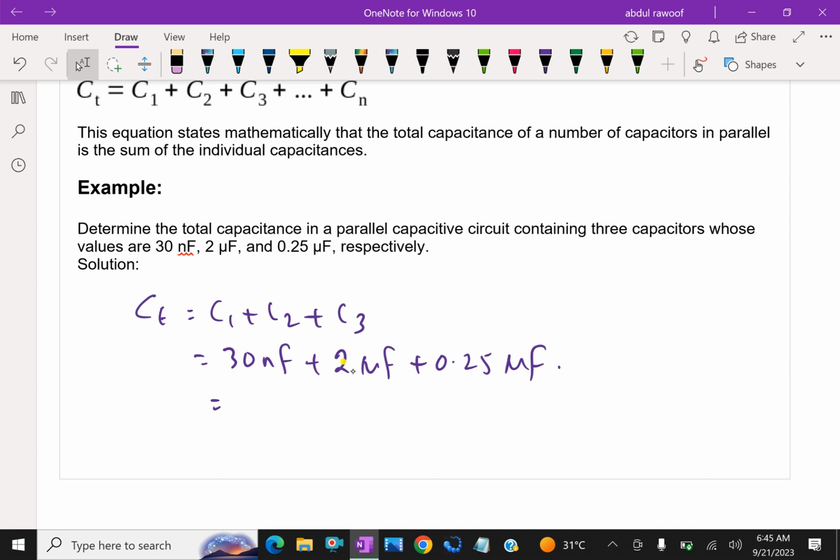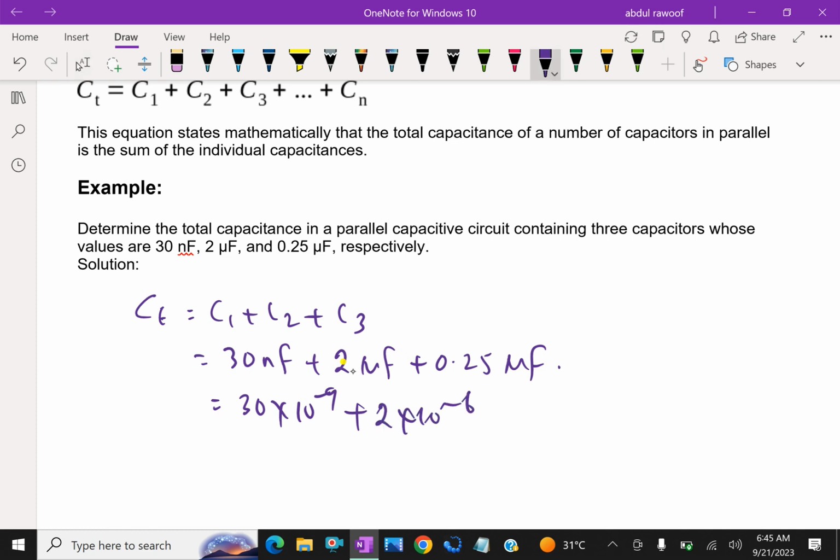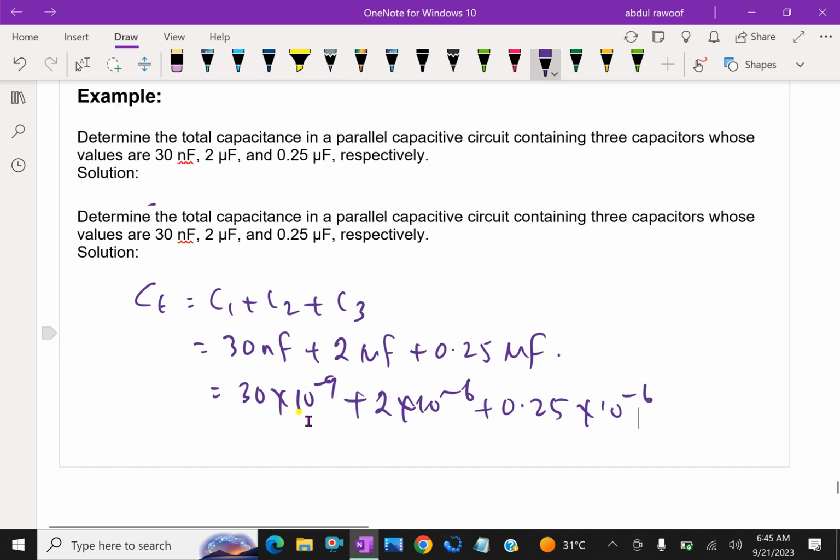Nanofarad is 30 into 10 power minus 9 farad plus 2 into 10 power minus 6, that is microfarad. We are converting to farad, then plus 0.25 into 10 power minus 6 farad, all in farads.